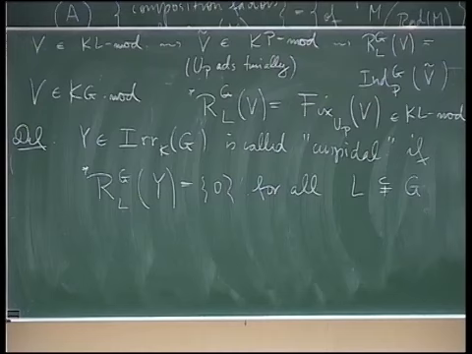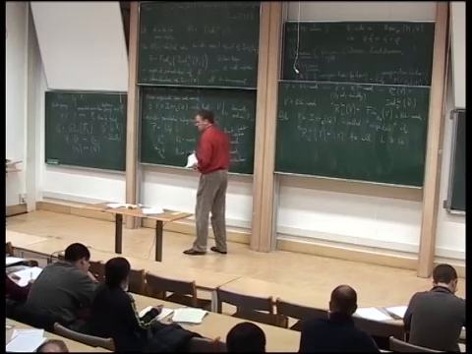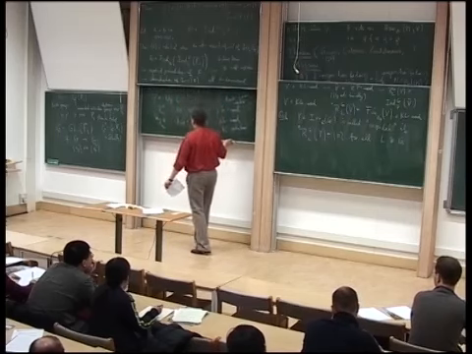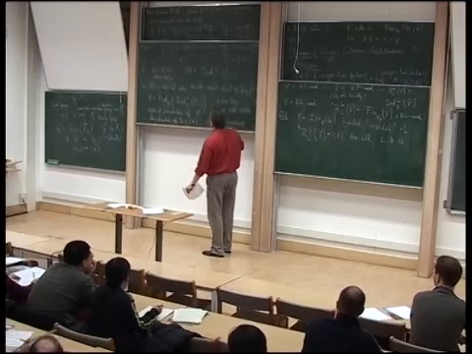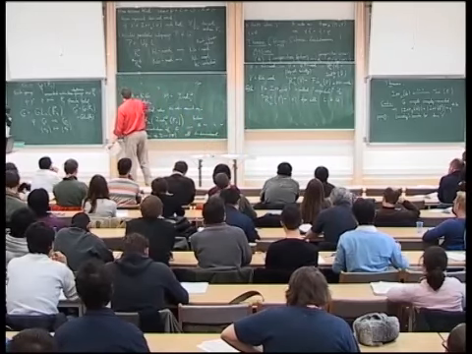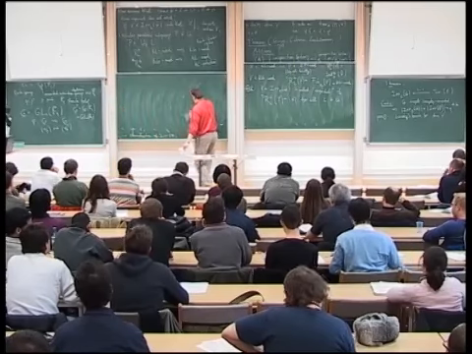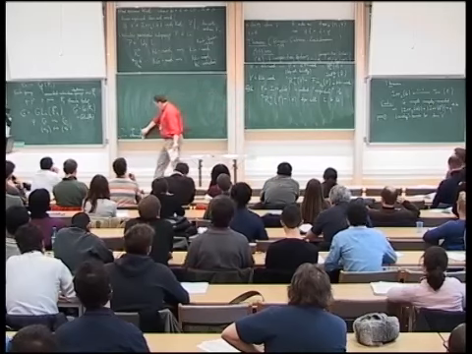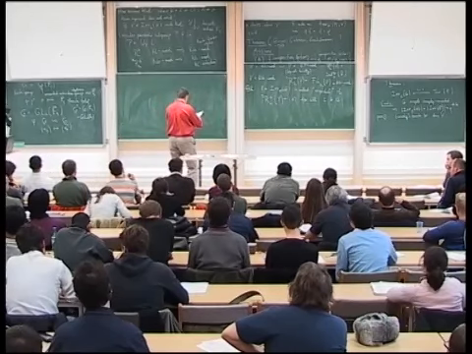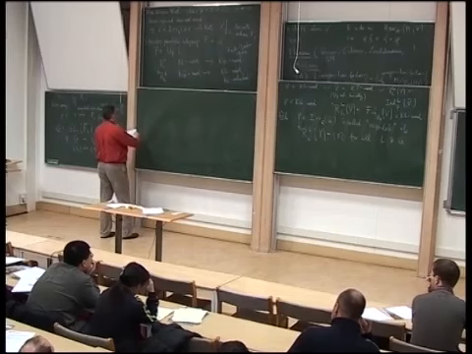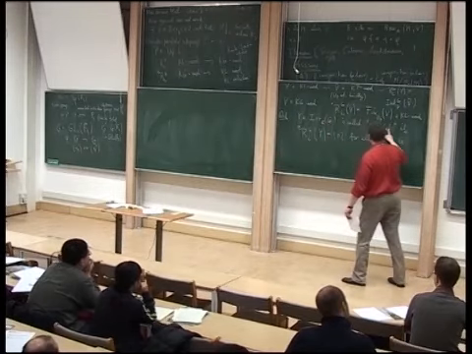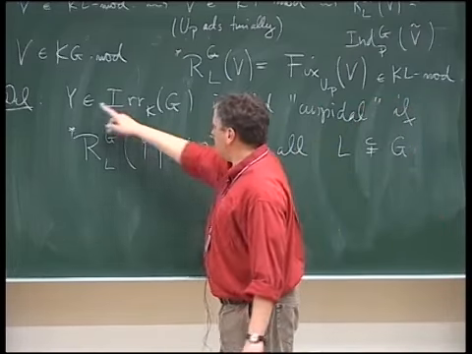Using this concept, you obtain a partition of the set of all irreducible representations of G. So this is the definition of what it means for an irreducible representation of G to be cuspidal.